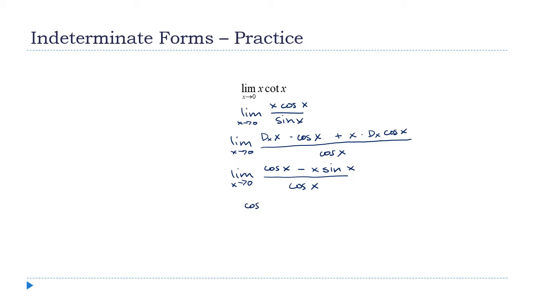This becomes the cosine of 0 minus 0 times the sine of 0 over the cosine of 0. Well, the cosine of 0 is 1. Sine of 0 is 0, but 0 times 0, that's 0. Cosine of 0 is 1, and there's my answer. This limit is 1.